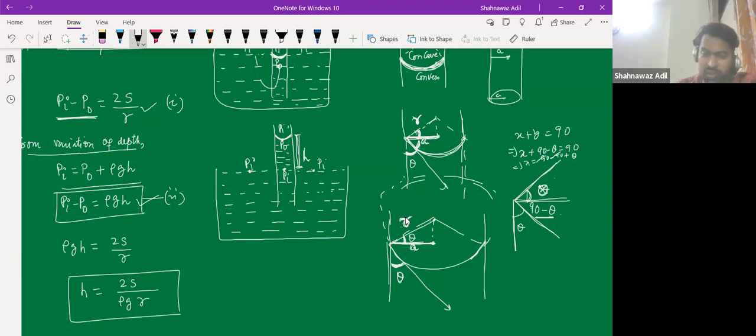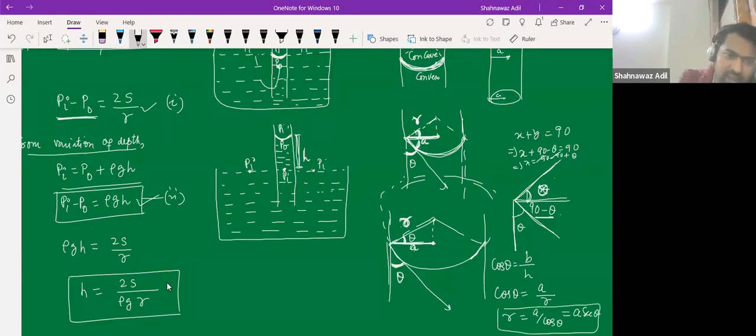Cos theta relates base and hypotenuse, right? So cos theta would be base A by hypotenuse R. So I want to calculate this R, which would be A by cos theta, which is A sec theta.